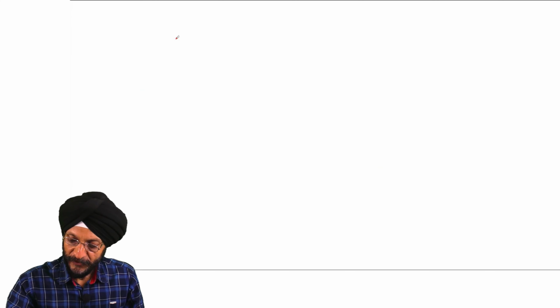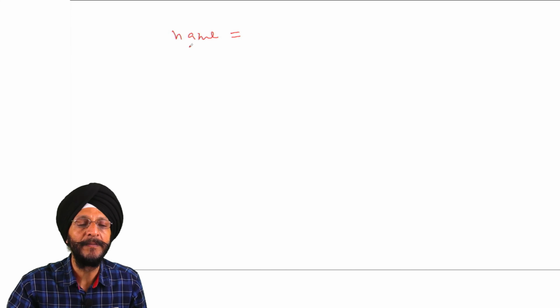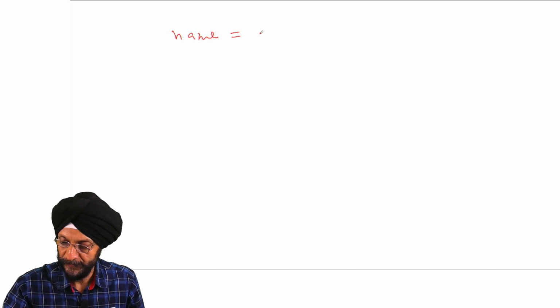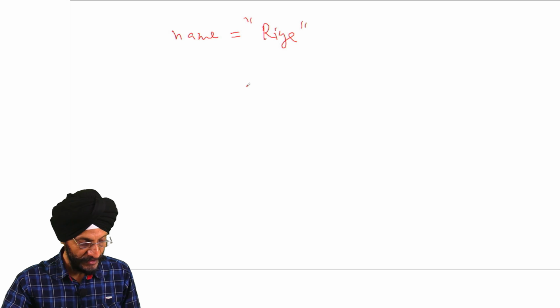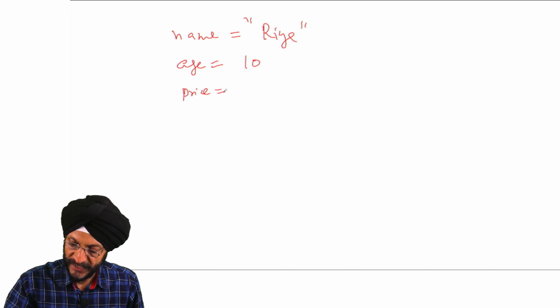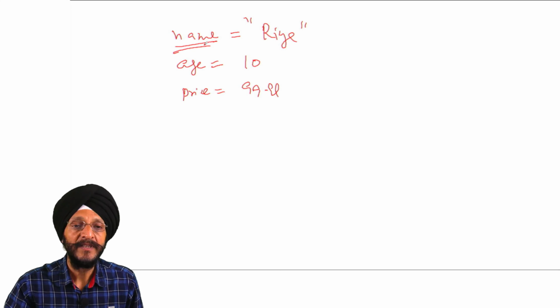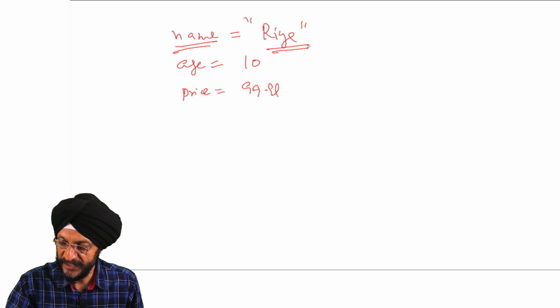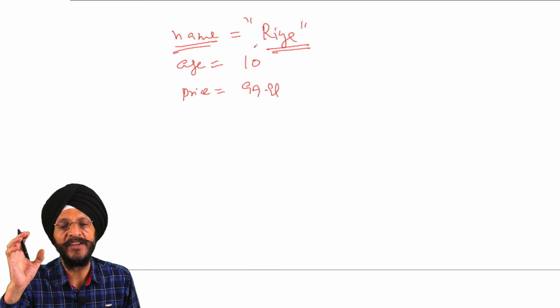So now, if we say that this is the variable name which we have taken as name and it is Ria, then we take age as 10, and we write price as 99.9. What is this name? This is the variable name. This is the value assigned to it. Here, Ria is a string.